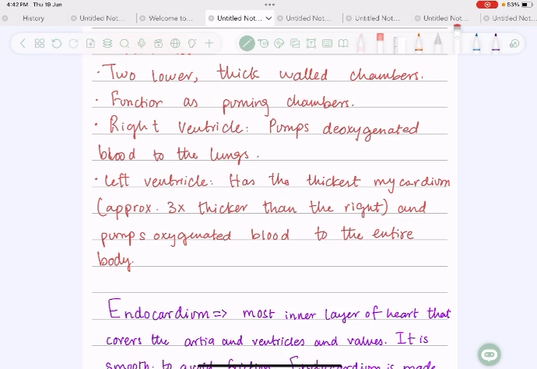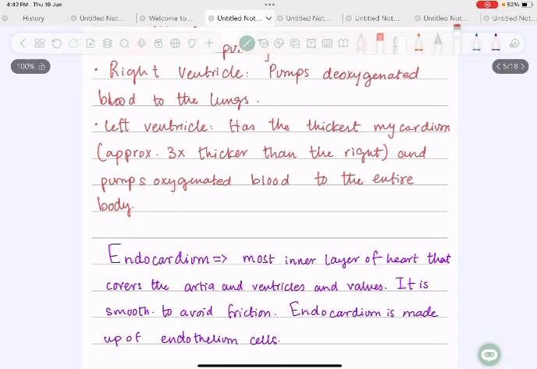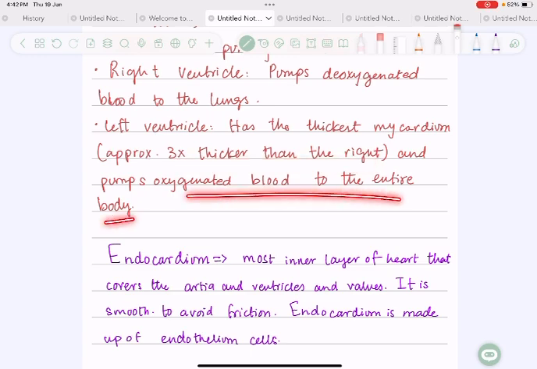However, the left ventricle has to pump the blood from the heart to the entire body. Here it is written that the left ventricle has a thick myocardium, approximately 3 times thicker than the right ventricle, and it pumps the oxygenated blood to the entire body.